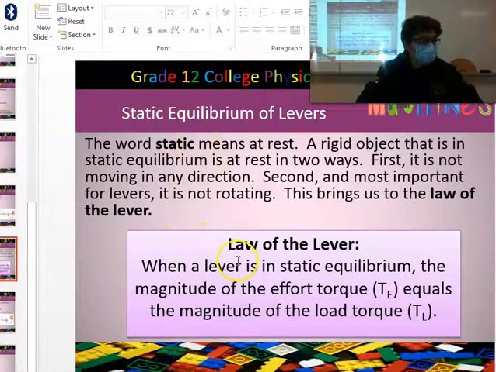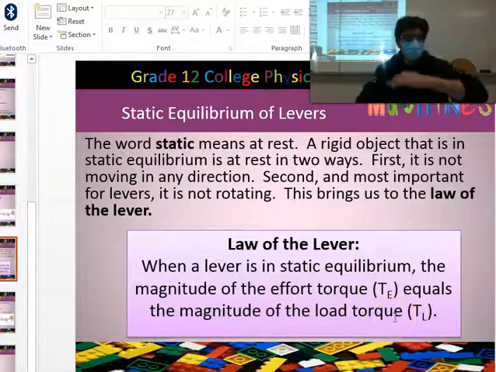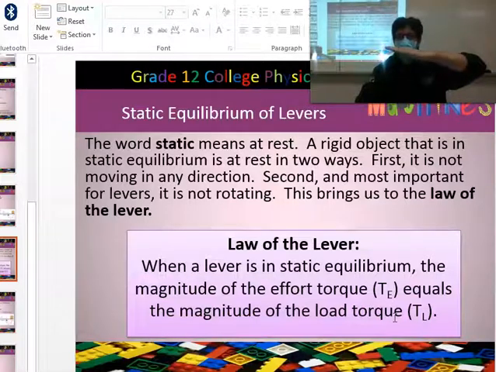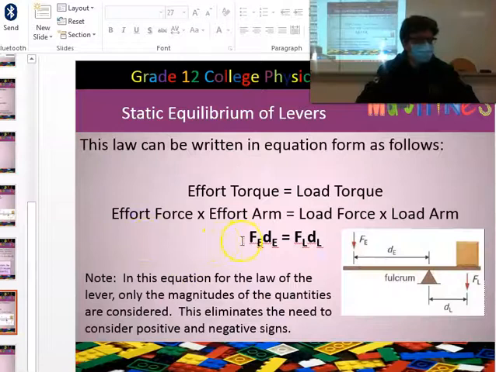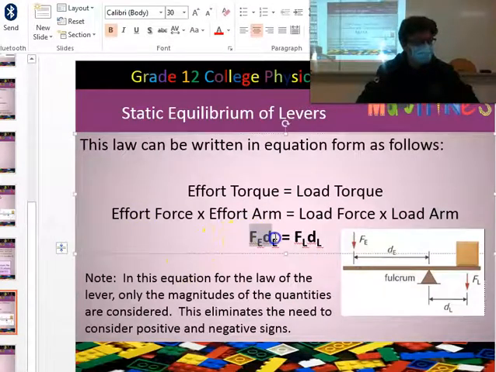Okay, so this we call the law of the lever. When a lever is in static equilibrium, the effort torque equals the load torque, and it will just remain in its position without rotating. We can write this as an equation, because we know how to calculate torque. It's force times distance.